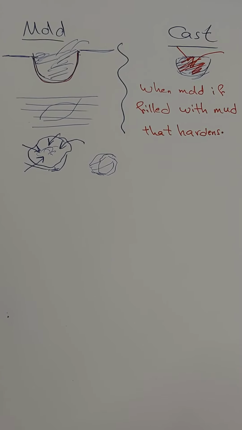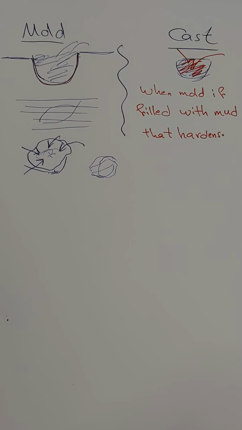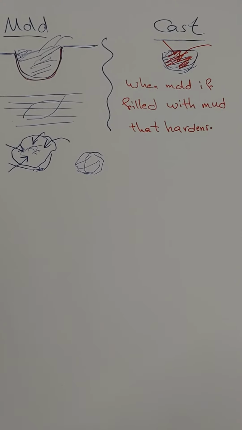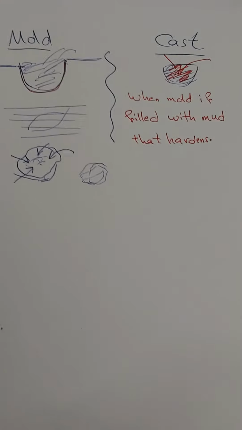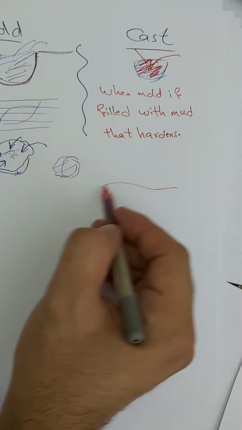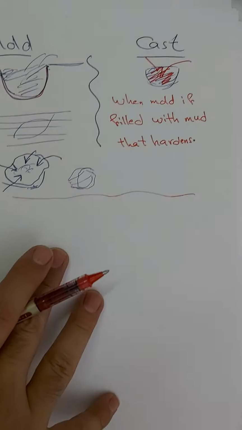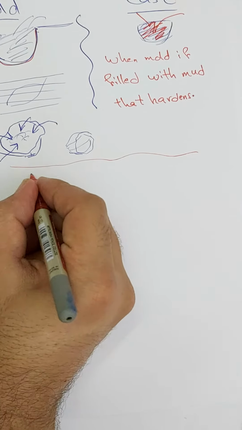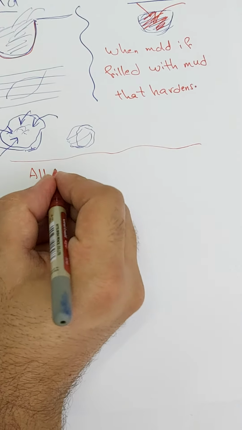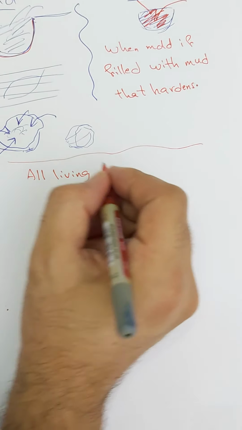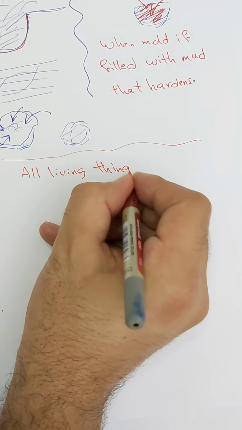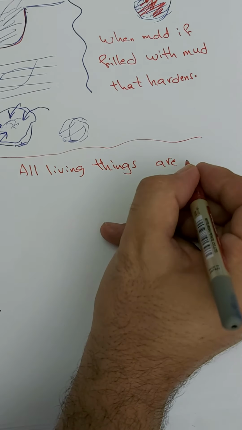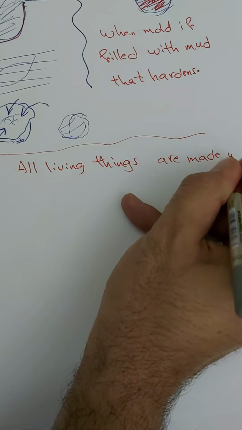Okay, then what are carbon films? Carbon films, we know, and later when you learn about chemistry, you have to study organic chemistry. But now you have to know all living things are made up of carbon.